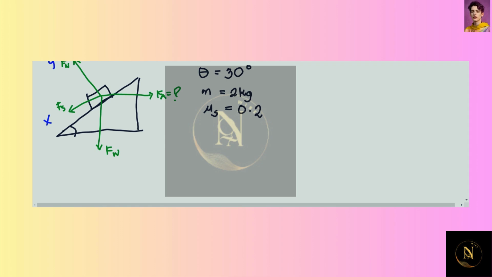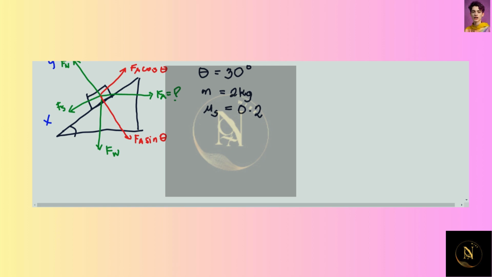For the x plane, this is FA cosine theta. For the y plane, this is FA sine theta.